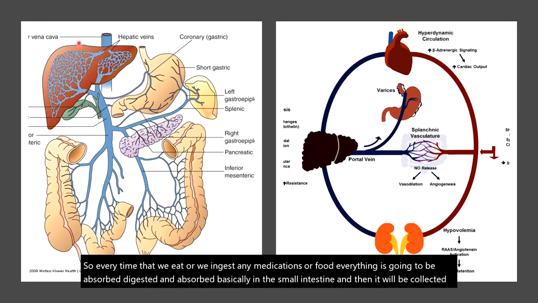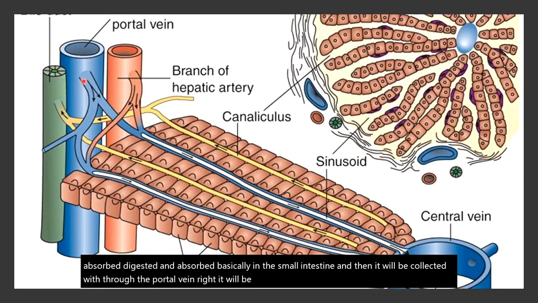It will be collected through the portal vein, and it has to pass through the sinusoids for the detoxification of anything that we ingest or the processing of any medications that we need to take.